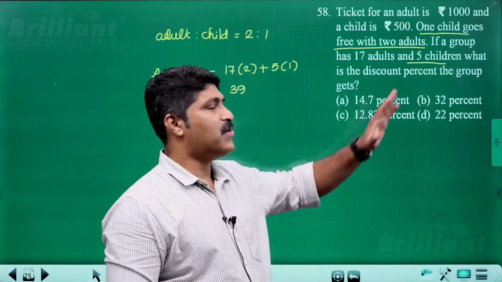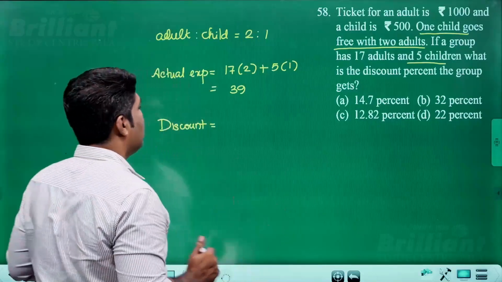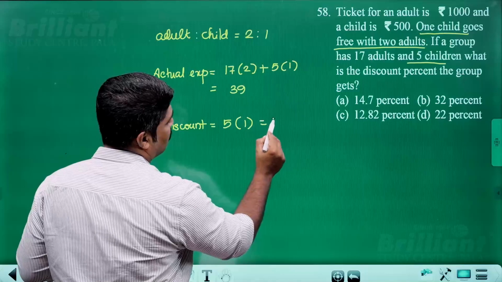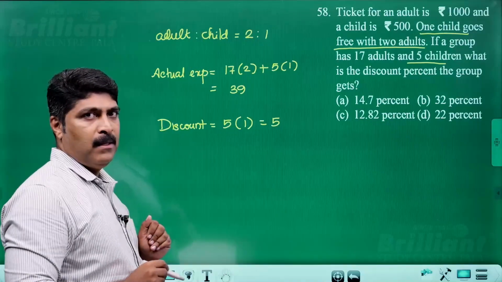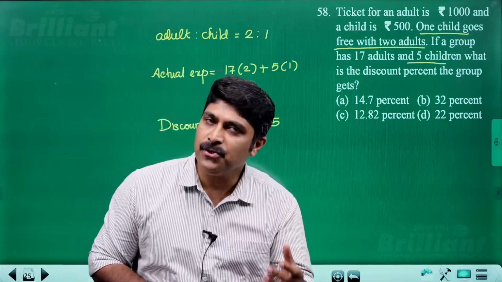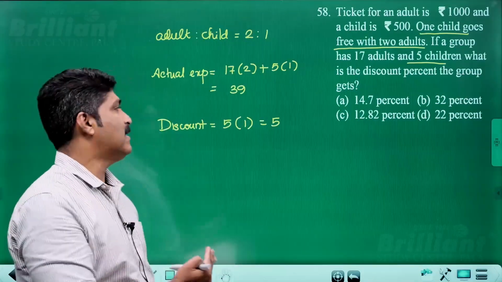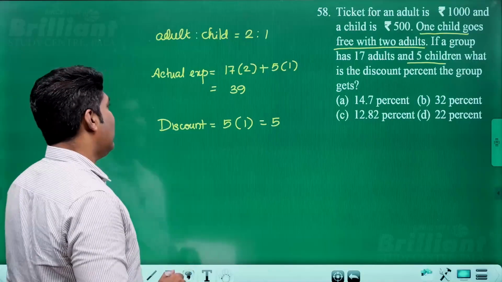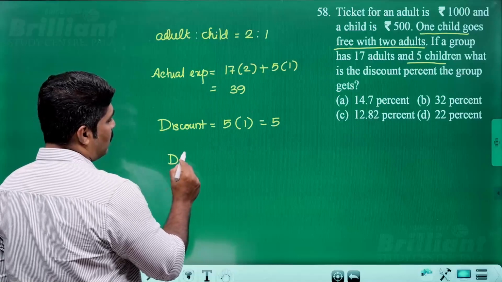So therefore, these 5 children will entirely get in free. That means the entry of 5 children is free. So therefore, that is 5 rupees. So the actual expenditure is 39, so we have to spend 5 rupees less instead of 39.